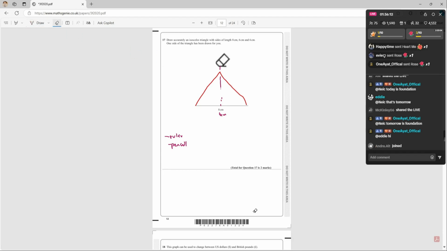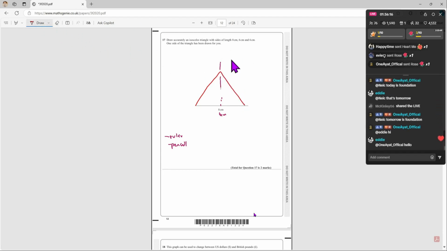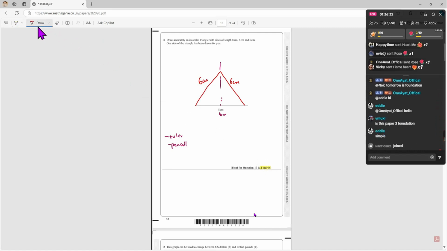Make sure they're straight, as you know I cannot draw straight lines on this thing. Those would be 6 centimeters and 6 centimeters. That should be fairly easy, an easy 2 marks. So I'm not going to go deep into this because there's nothing to go deep into anyway.